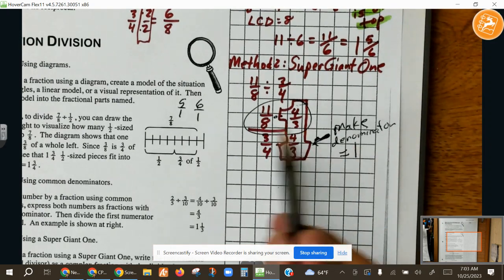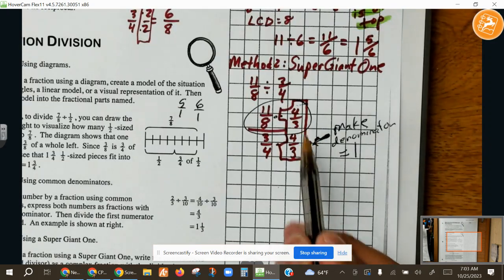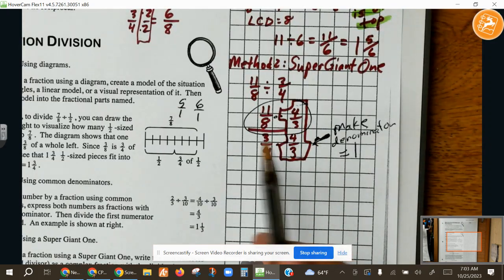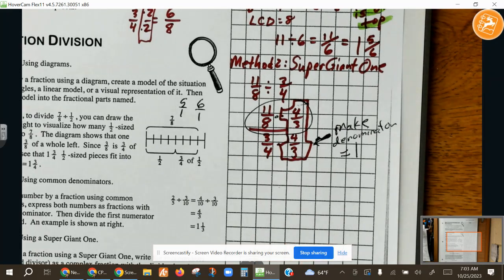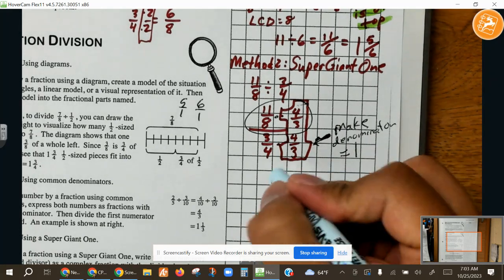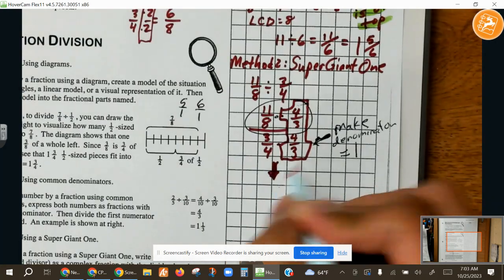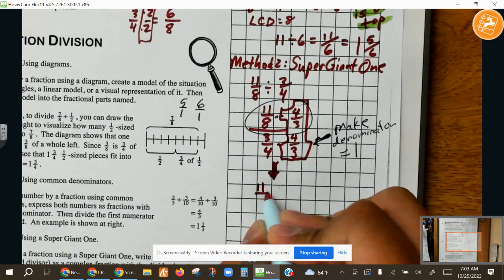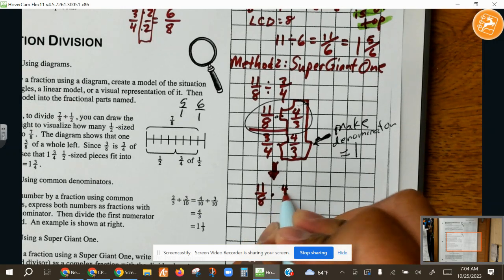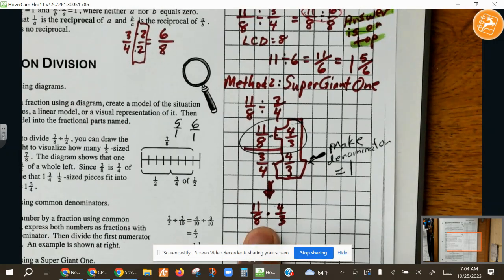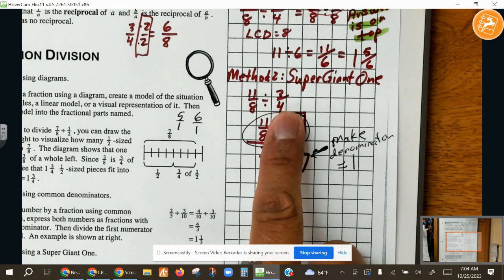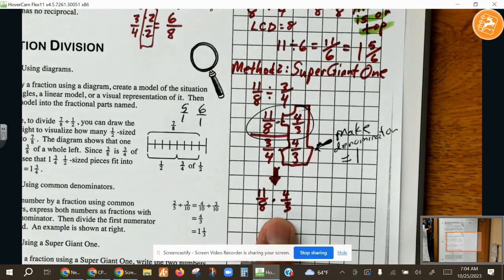Our new problem is 11/8 times 4/3 over 1, which we can ignore, and that is our new problem. Okay, so we're going to then call this 11/8 times 4/3. So our original problem of 11/8 divided by 3/4 became 11/8 times 4/3.